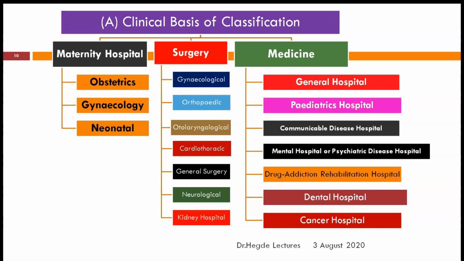So the clinical basis of classification includes three types: maternity hospital, under which we can see the three subheadings obstetrics, gynecology and neonatology.